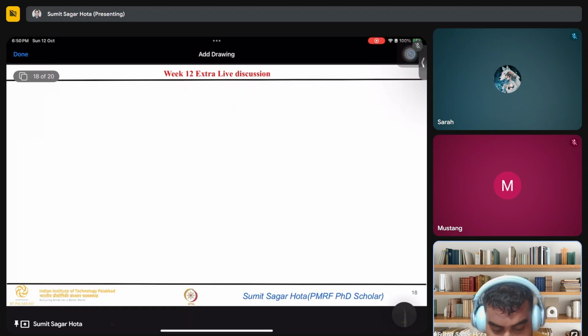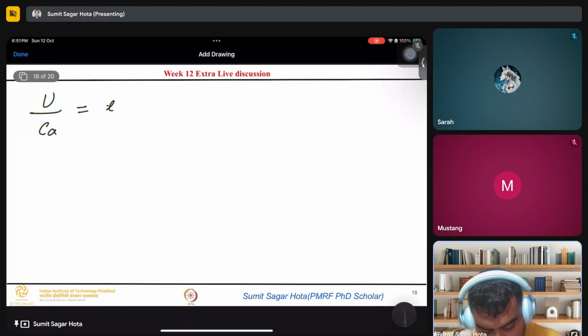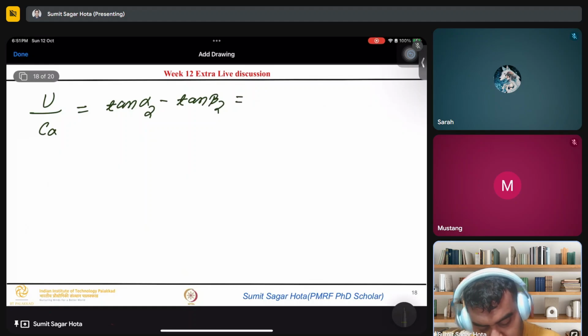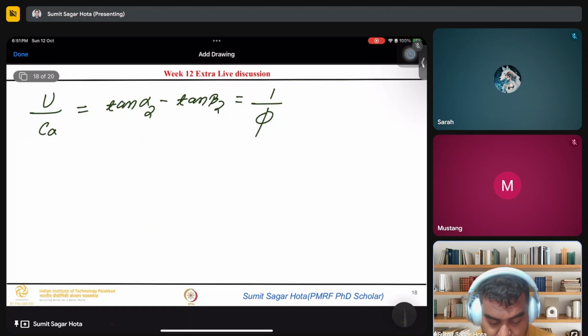This expression is the relation between alpha and beta for any kind of state. So U by Ca is equal to tan alpha 2 minus tan beta 2, which is equal to 1 by 5. This is a very important relation, and it can also be asked as a question.